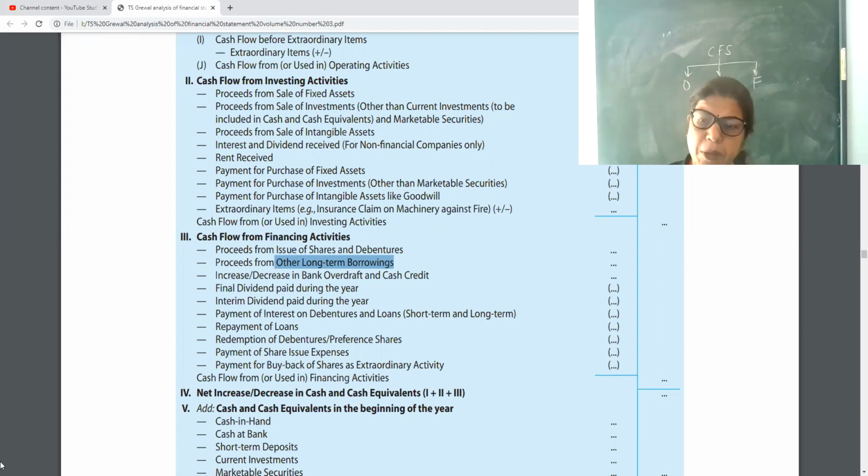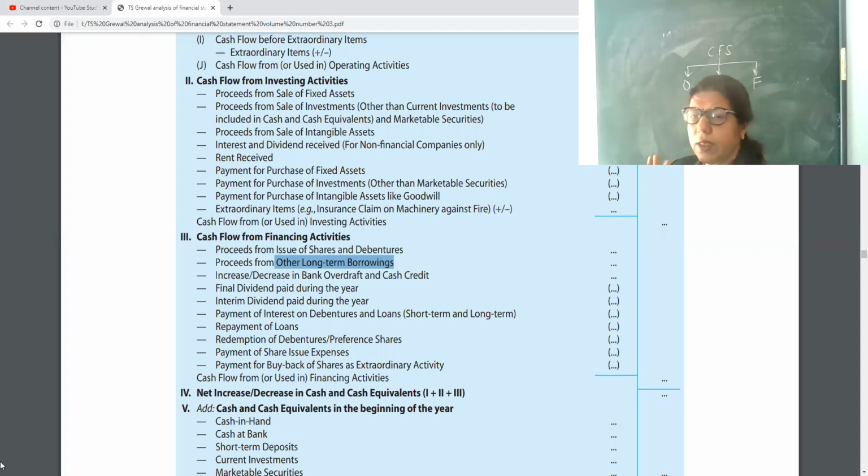Repayment of loans. The organization has taken loans, now they are repaying. There is outflow, of course. So repayment of loans, outflow. Then in accounts you have learned redemption of debentures, repayment of debentures.